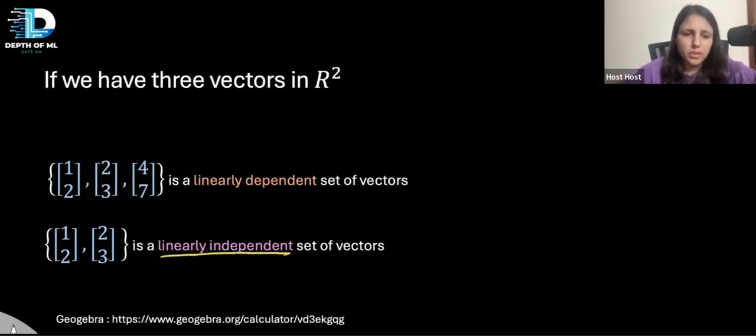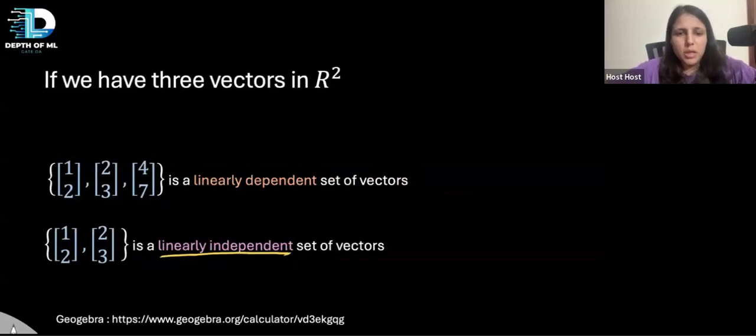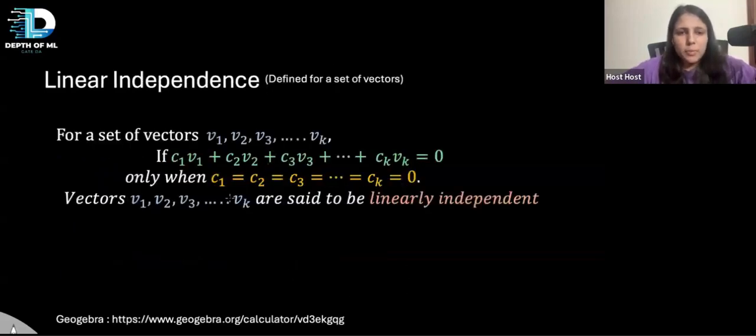So these two vectors, which were spanning R2, were not a linear combination of each other, right? So this whole set was a linearly independent set. Fine. Let's come to that question later, which I was asking. Let me formally define the linear independence for you guys. Fine.